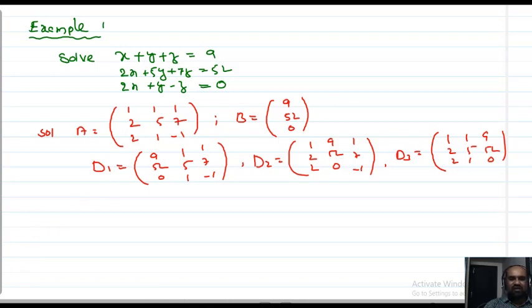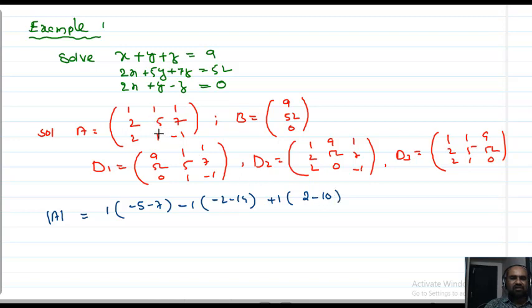First of all, I want to find det A. To find det A, you need not use any transformation, directly you can find. I am using the first column: 1 times of minus 5 minus 7, minus 1 times of minus 2 minus 14, plus 1 times of 2 minus 10.